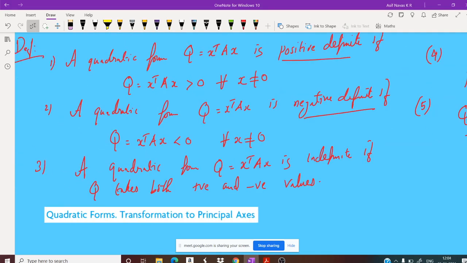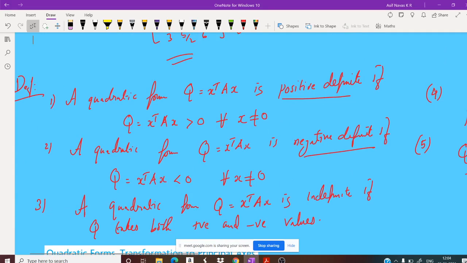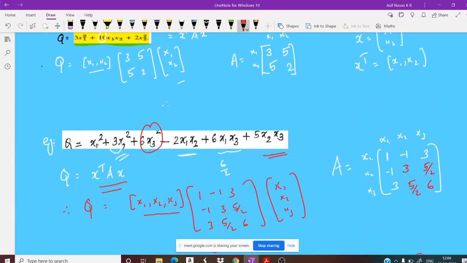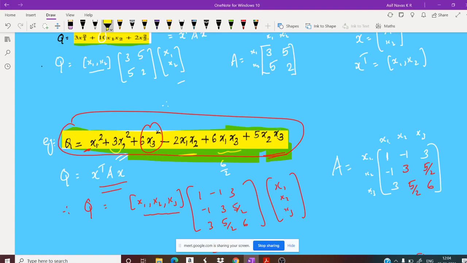Now, why is this important? It's not very easy to check whether this quadratic form is positive definite, negative definite, or indefinite. That means this is positive definite only when, for whatever non-zero value we substitute, we get Q greater than 0. So this is not easy to find, right?